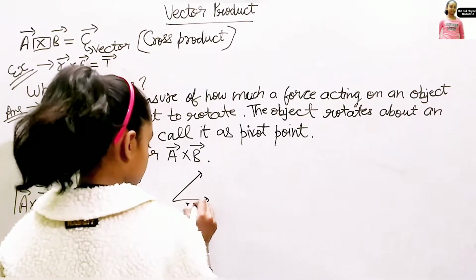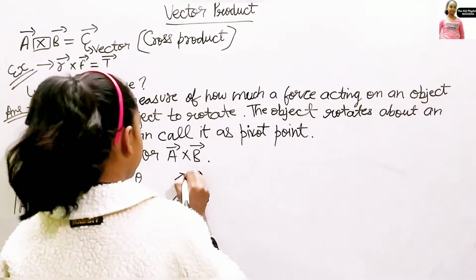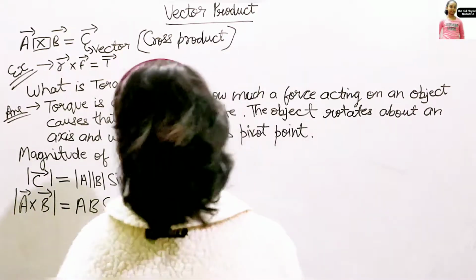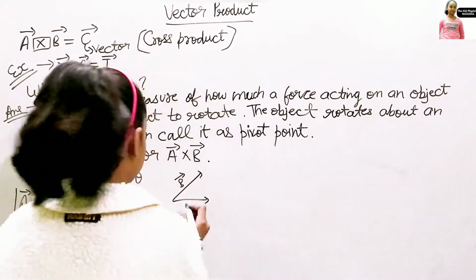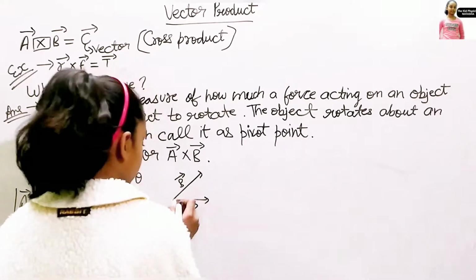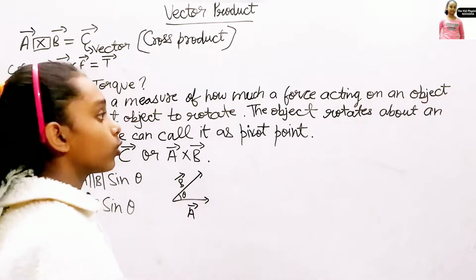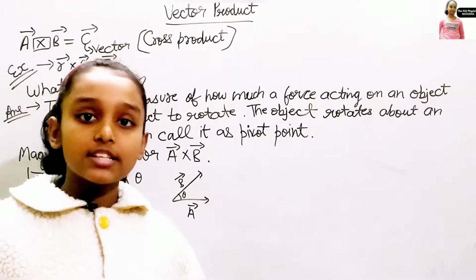This is vector A. This is vector B. Got it? So what will be our theta? Theta will be here. I have told you in simple language what theta is.